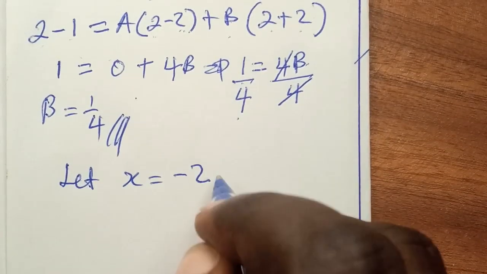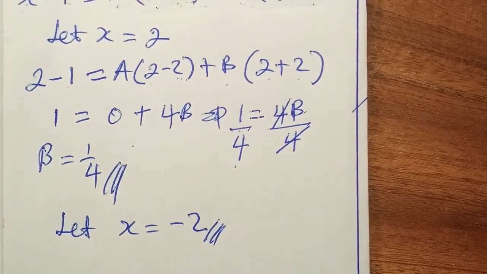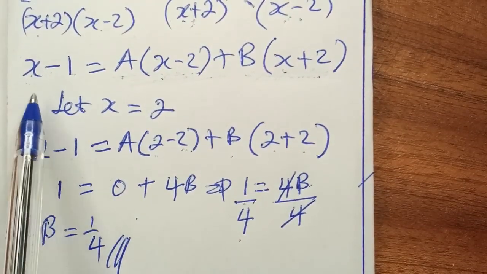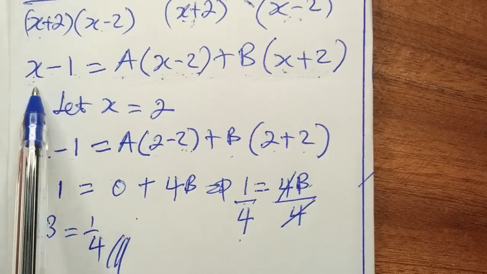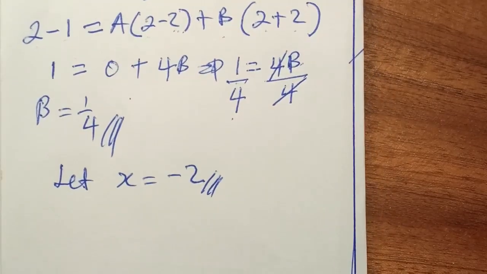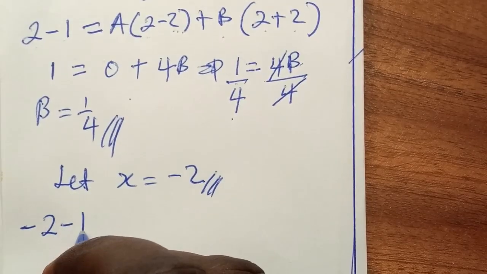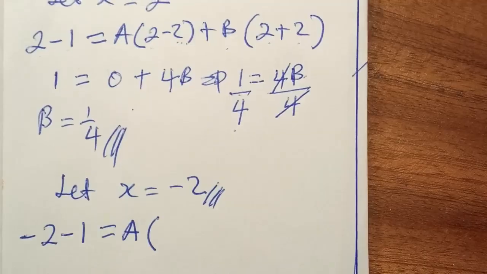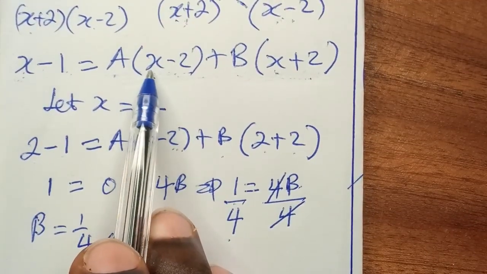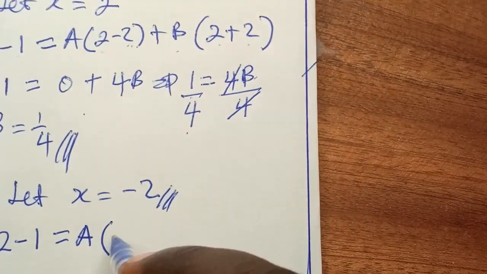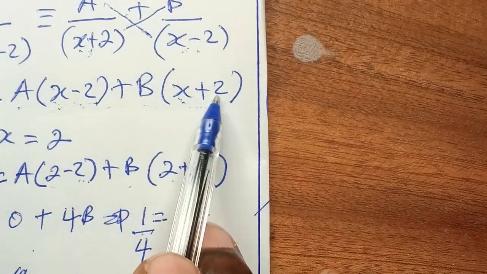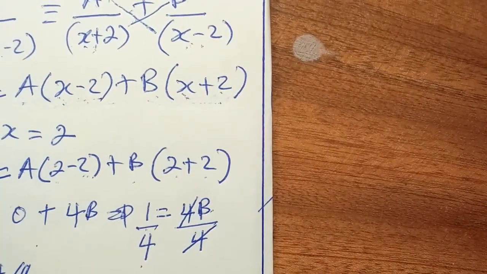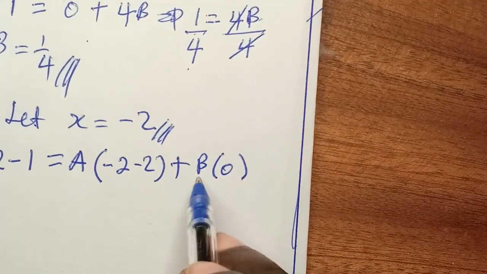In this case, we substitute: minus 2 minus 1 is equal to A into minus 2 minus 2 plus B into minus 2 plus 2, which is 0 times B, which is 0.